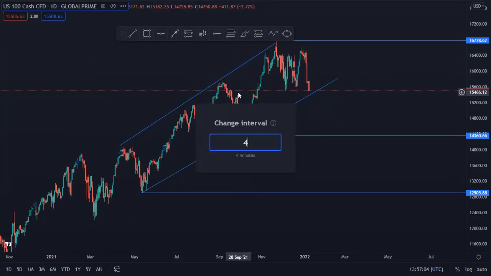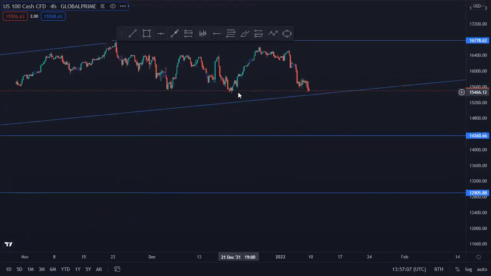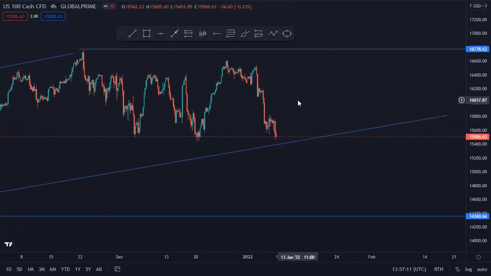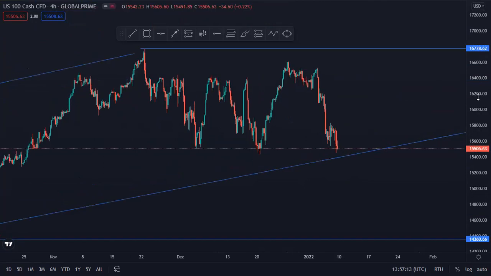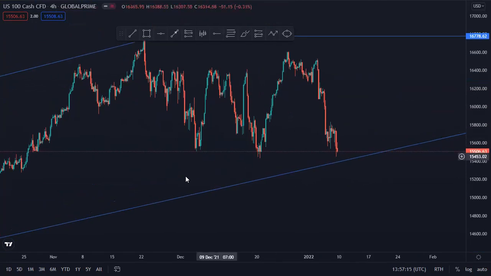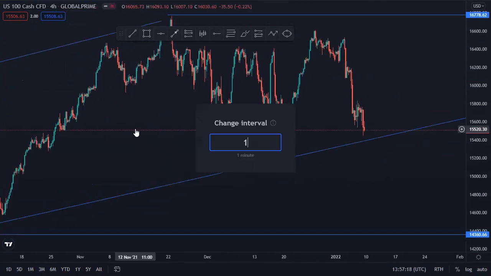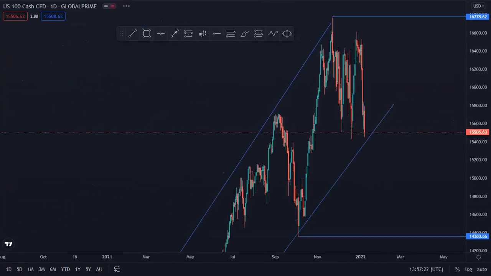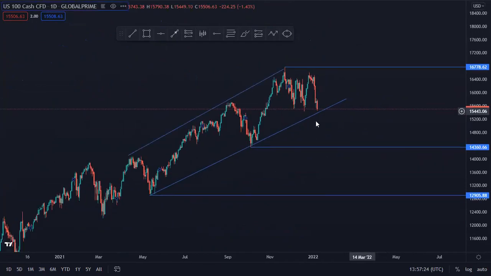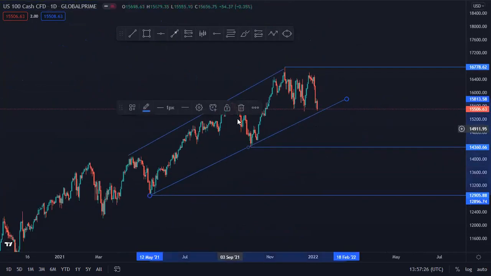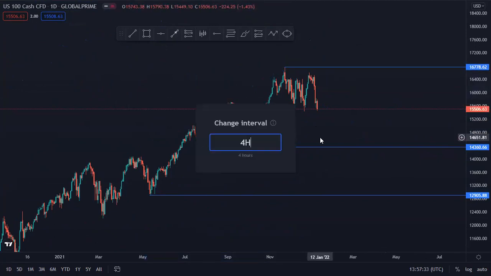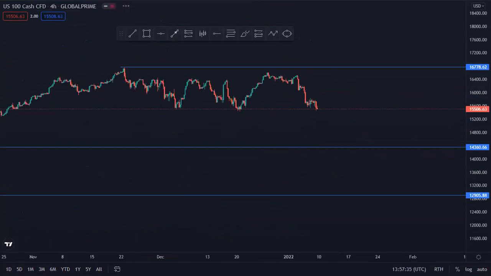But let's just leave it for now and see what the H4 has for us. So as you can see, the market is currently, actually, I'm just going to go back and remove these trend lines. They're disturbing me. This was just to get the overall direction of the market. So now that we've seen it, I'm going to go to H4.